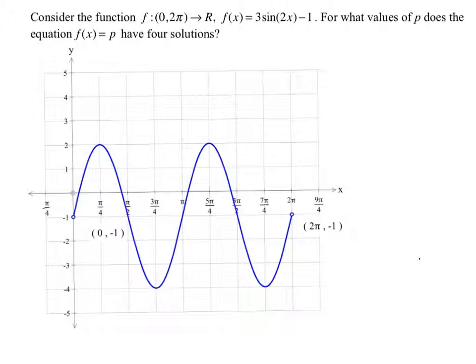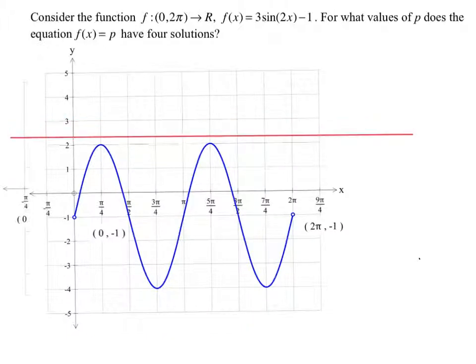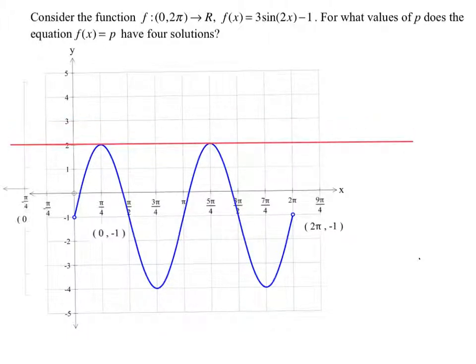Now, once we have this curve, we can consider these values of p. f of x equals p is simply a horizontal line. So if I line across where the y value is 3, as you can see, we have no solutions there. As soon as I move that horizontal line down to 2, you can see that we have a solution here and another one there.